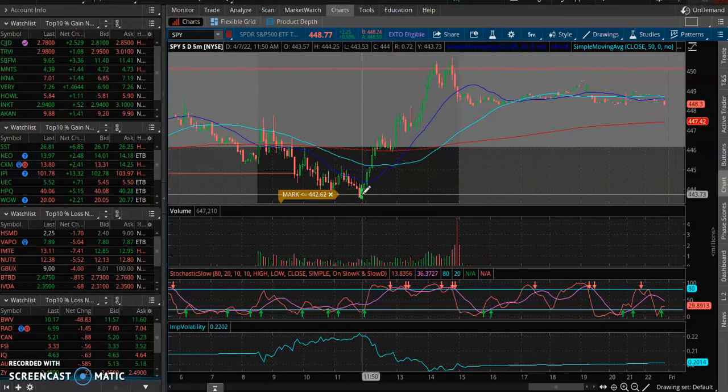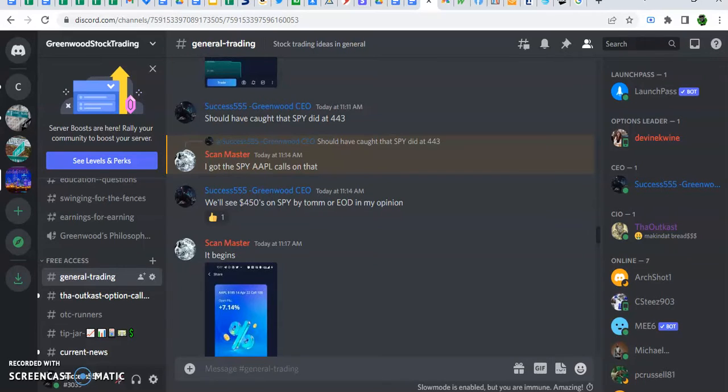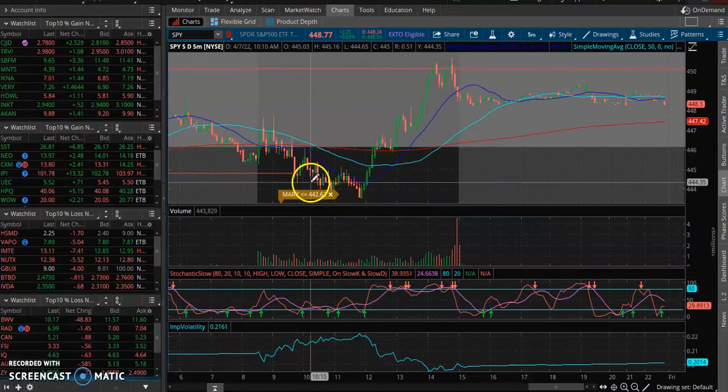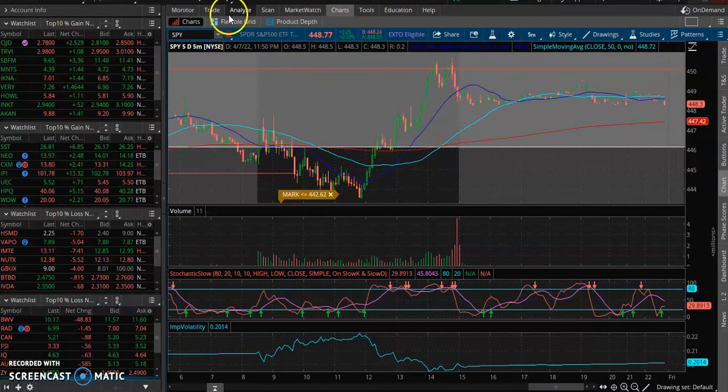Look at when I made this call. 443 at the low. We called bottom. I'm sorry, 11:14. Today at 11:14, not 11:50. Let's look at where we were at 11:14. At 11:14, we were at 444, okay? And I said we would be at 450.